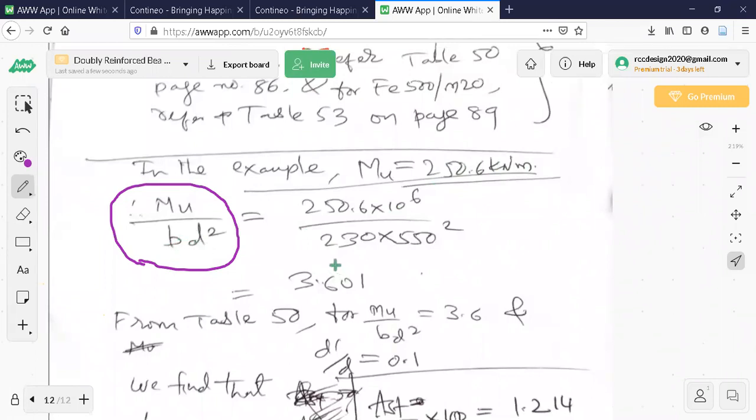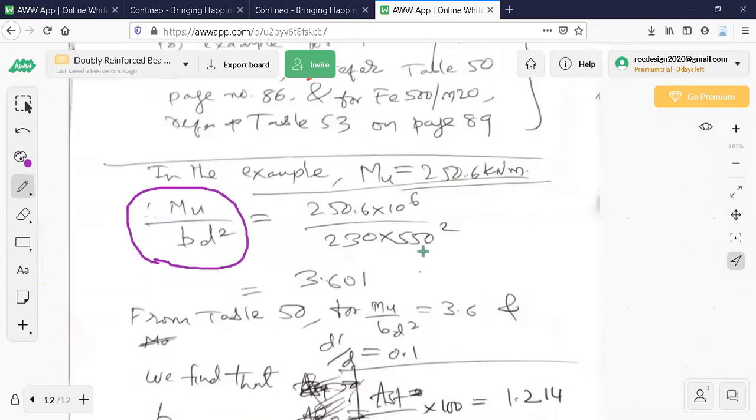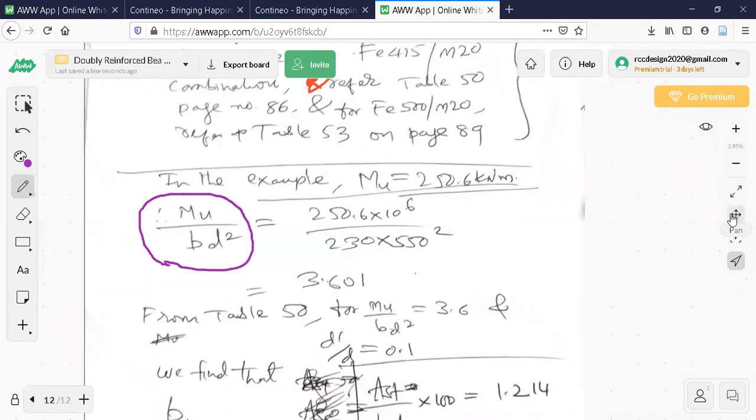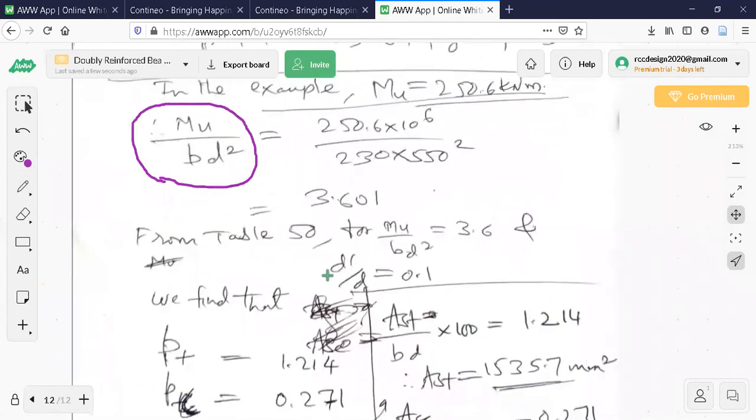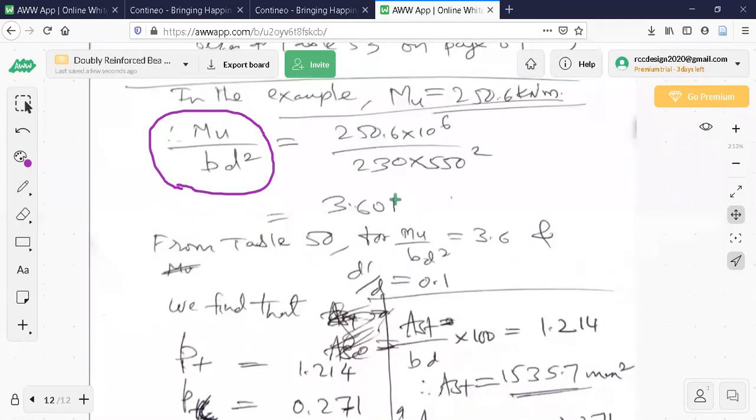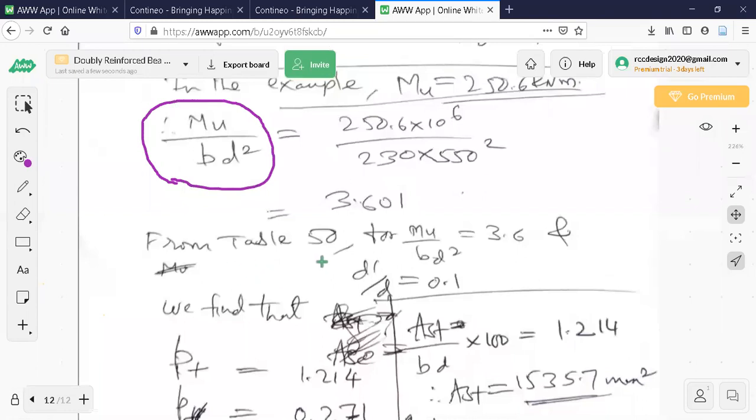So finally, 3.601. Now once you find 3.601, open table 50 and start searching in the first column, where is this 3.6? Because Mu by bd square in this problem is 3.6.